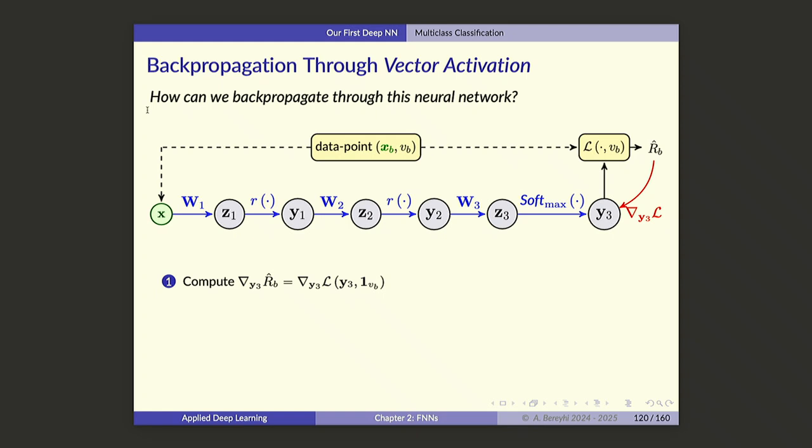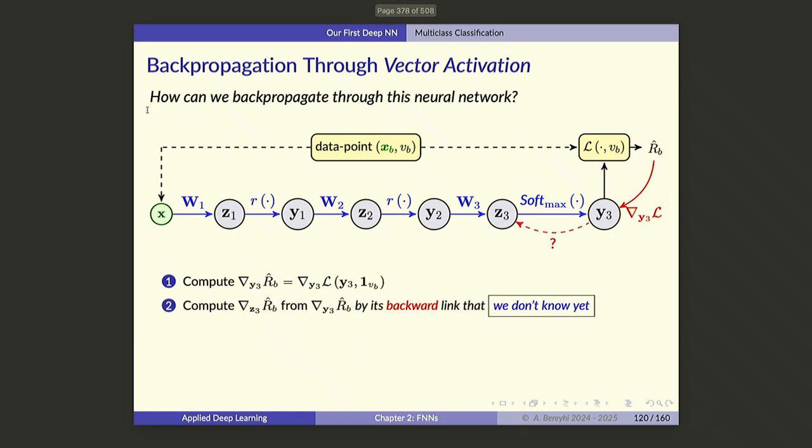Please don't think about the dimensions and details. Just give me the intuitive answer. Derivative of? Softmax, exactly. So you need to compute the gradient of y3 with respect to z3, and then again the gradient of z3 with respect to y2, y2 with respect to z2, and so on, right? So you need to just move backward over softmax.